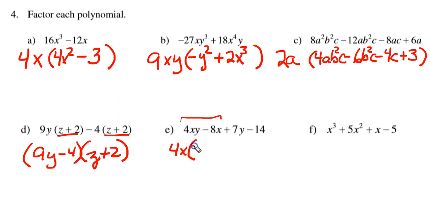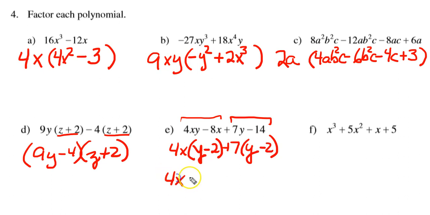Then I'm left with a plain y here, minus 2. That's it. That's better. And then from these two terms, I'm going to take out a 7, and I get a y minus 2. All right, that's better. So 4x plus 7, and then y minus 2.